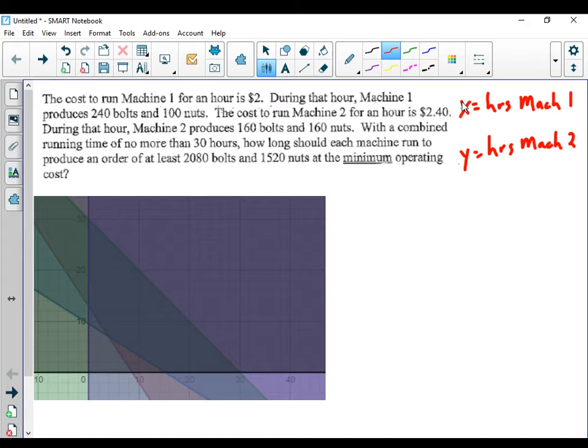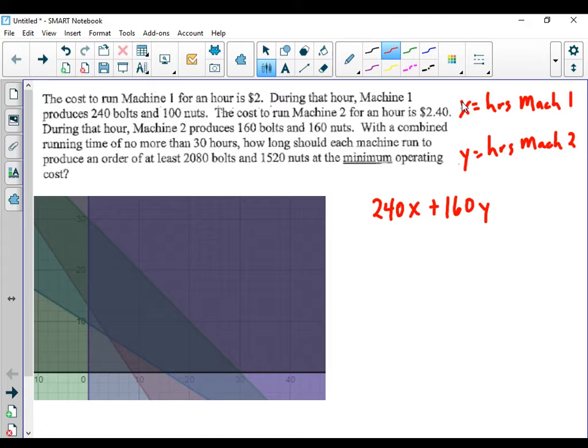All right, so limitations here. More limitations are based on, first of all, depending on how many hours you run the machines, how many volts are we going to produce? How many nuts are we going to produce? So let's start with the volts. Machine 1 was going to produce 240 volts, so 240x plus machine 2 is going to produce 160.